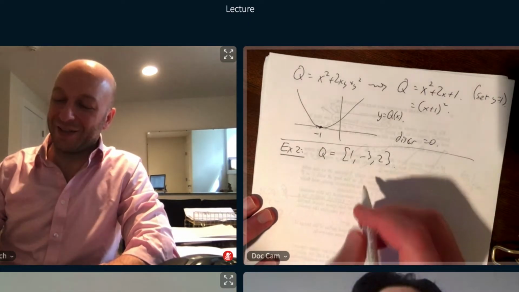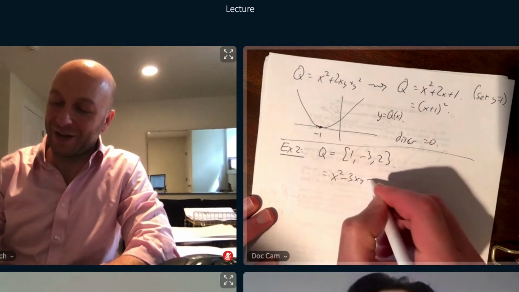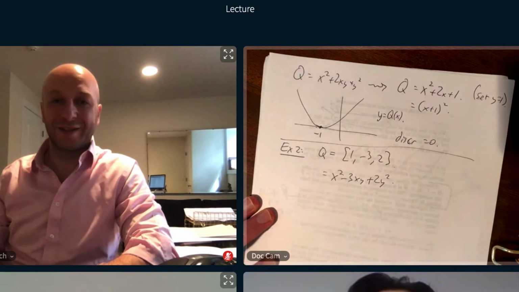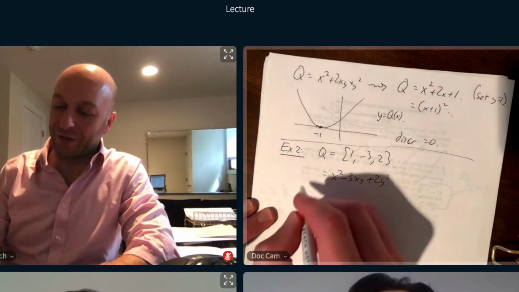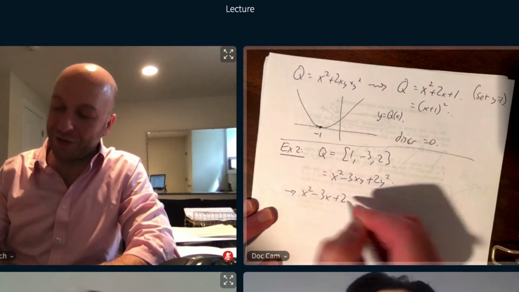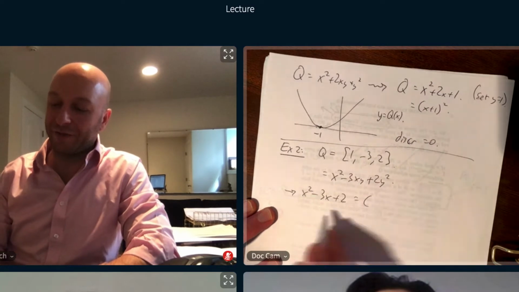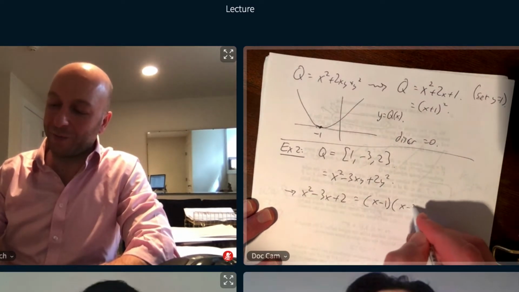So this is the form x squared minus 3xy plus 2y squared. And if we convert this into the polynomial, x squared minus 3x plus 2, you may notice that this factors as x minus 1 times x minus 2.